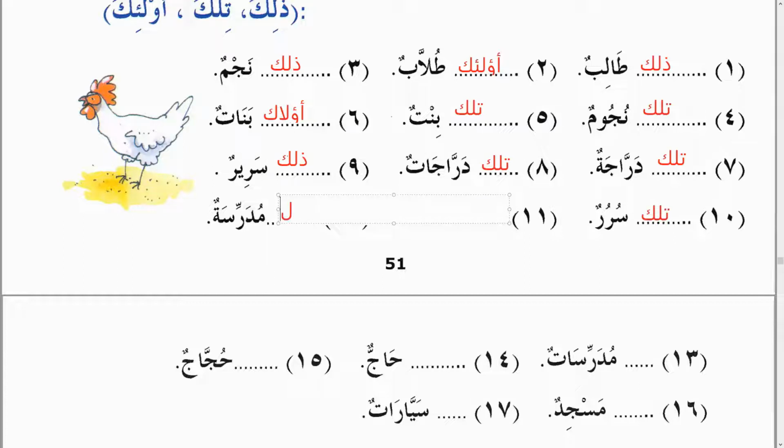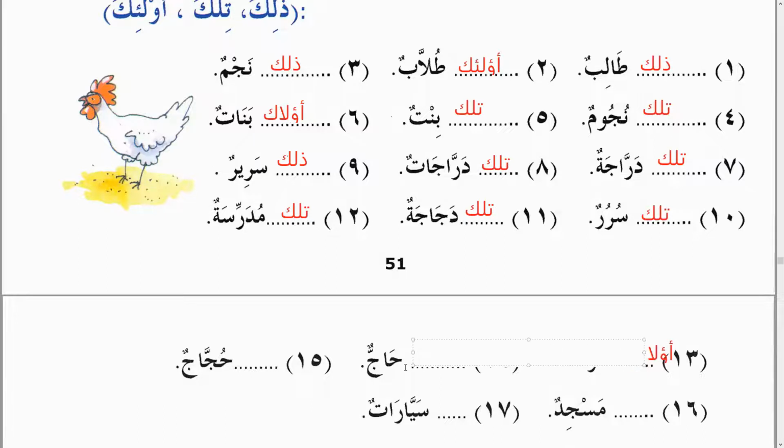No? Tilka again. That is a teacher, female. Mudarrisatun ulaika. Ulaika. And hajun. Hajun is the one who does hajj. Zalika. Hujjajun ulaika. Yes, ulaika. Those are hujjaj.